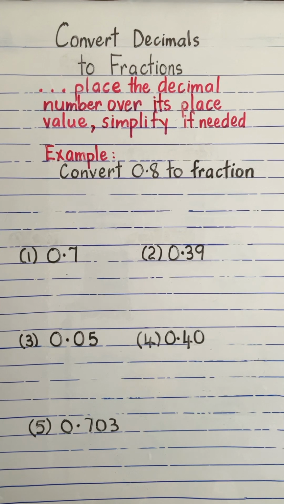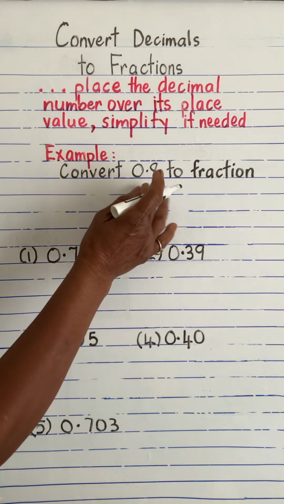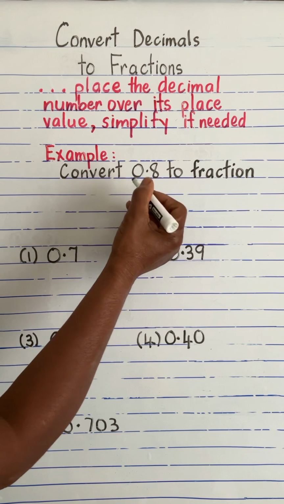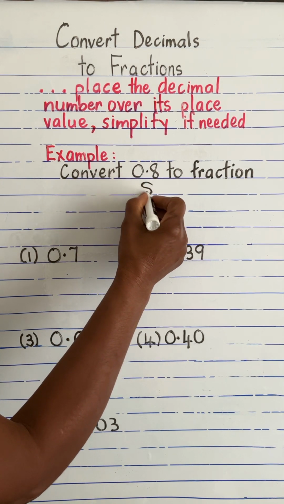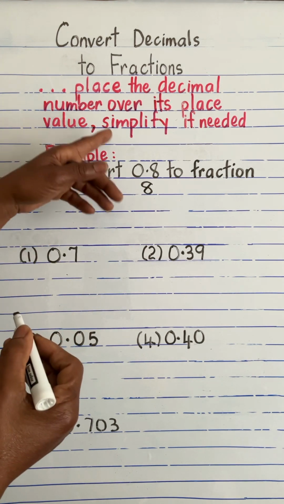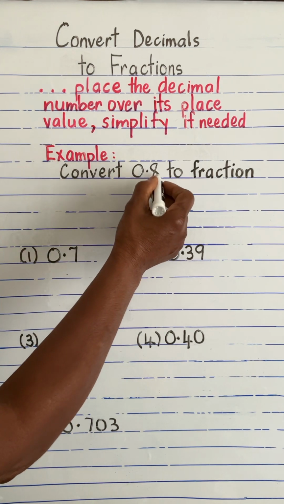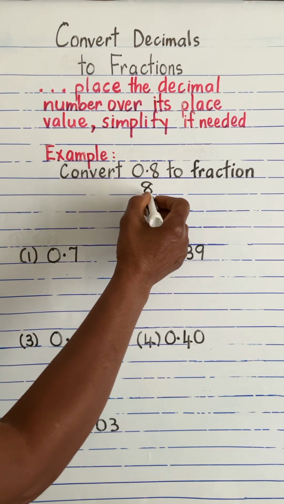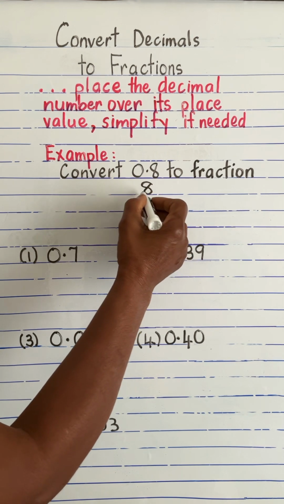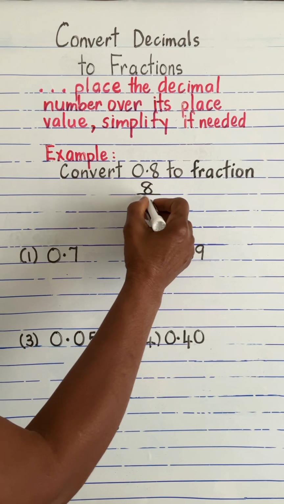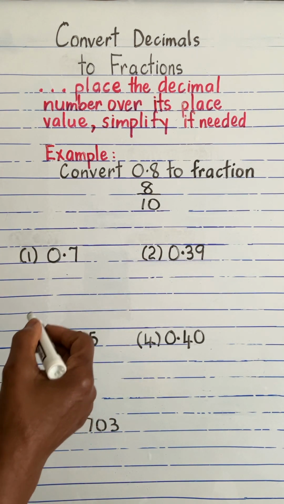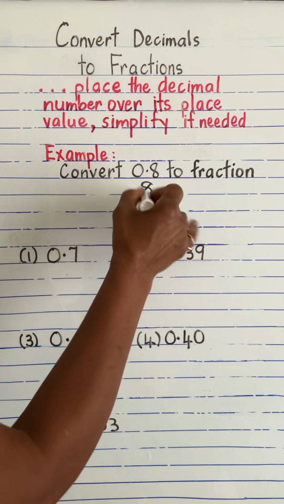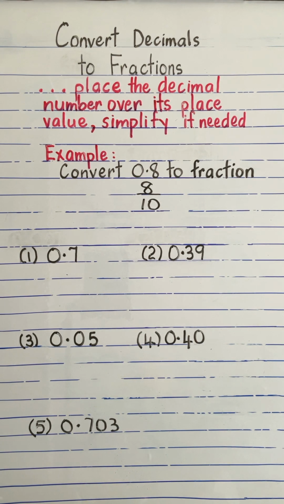So we're going to place the decimal number, which is 8, over its place value. The place value of 8 is tenths, the first digit after the point. So that is 8 over 10. We simplify, and yes, this can be broken down to a lower term.